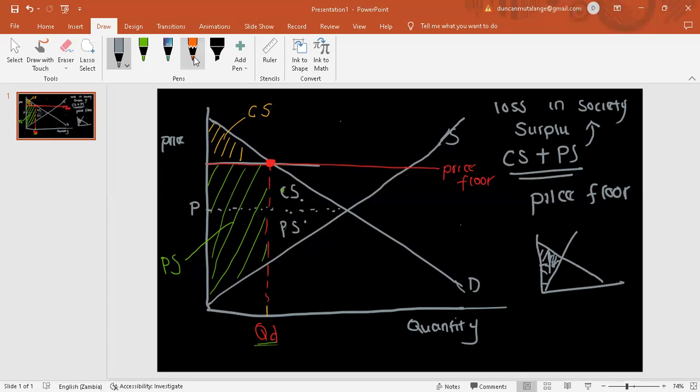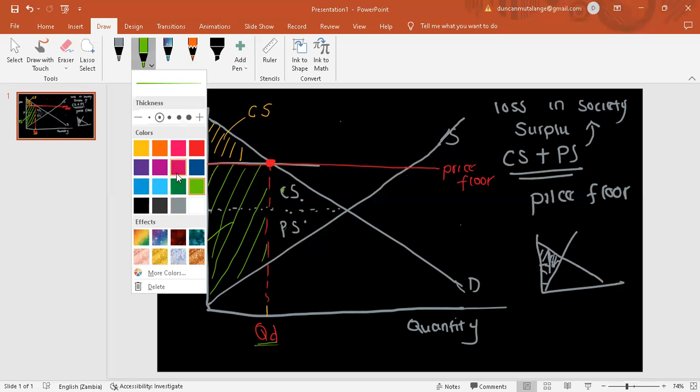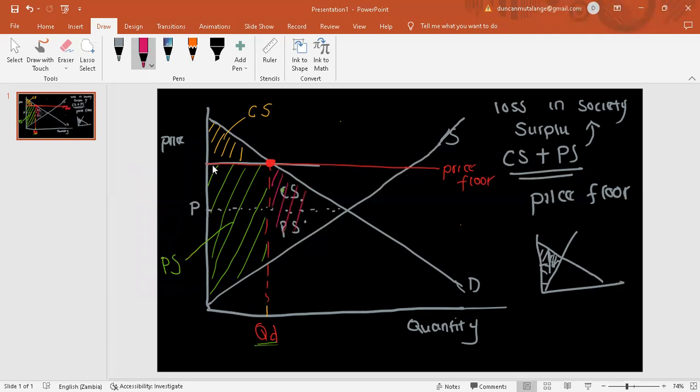So, let me choose a different color. If I'm told now to show it, I can choose this. I can say this pink area is what is referred to as the deadweight loss. Okay, and that is how you show the deadweight loss when it comes to the price floor. So this is the deadweight loss.